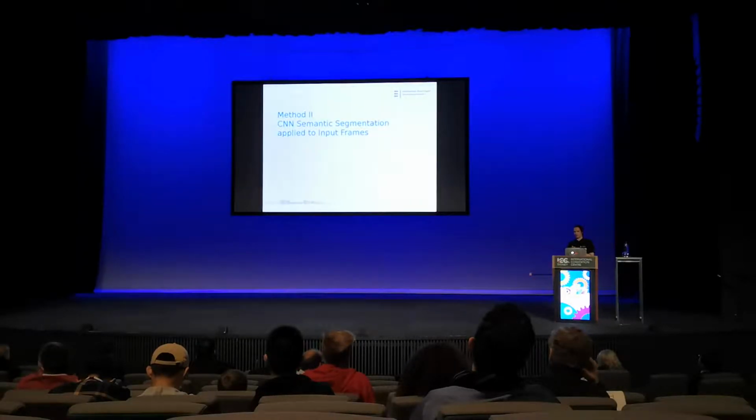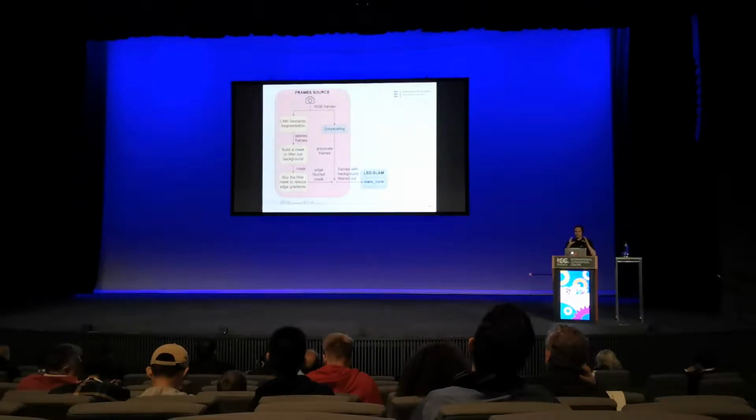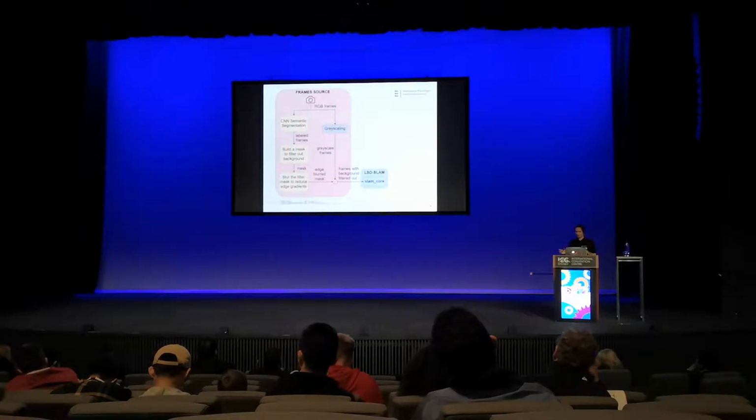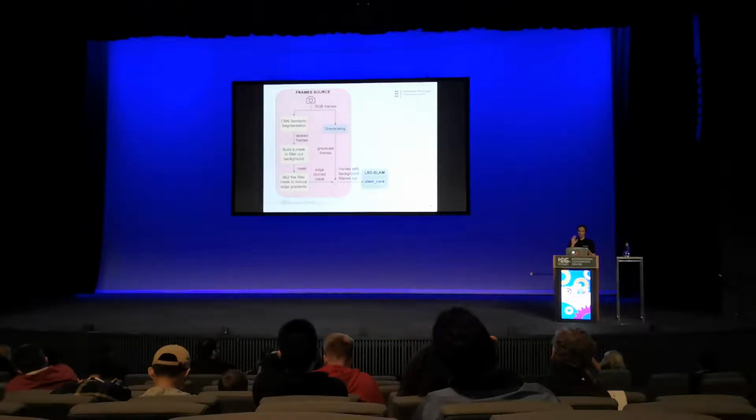So this is what our second approach suggests. So here we do manipulation on the input image for the LSD SLAM core. So we take the RGB image, make a grayscale out of this, and on the RGB image we also do the semantic segmentation.